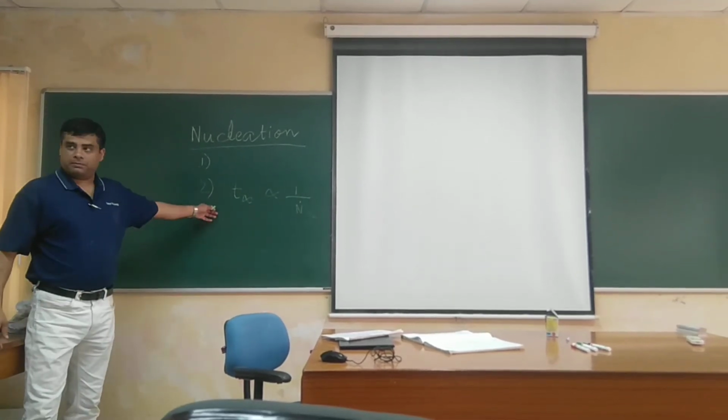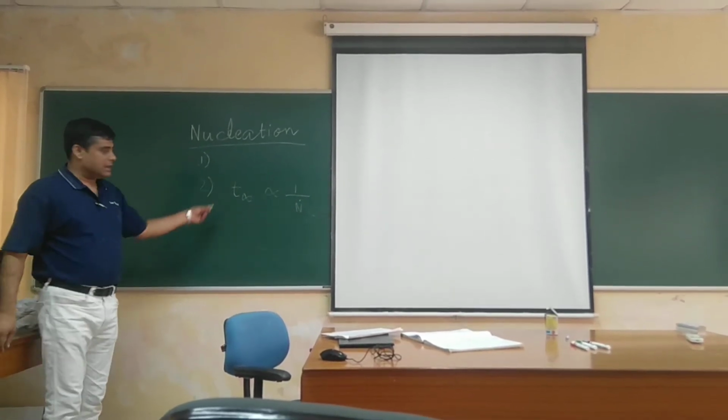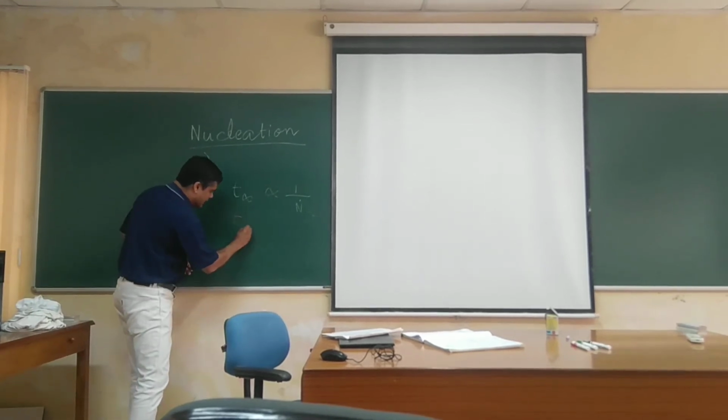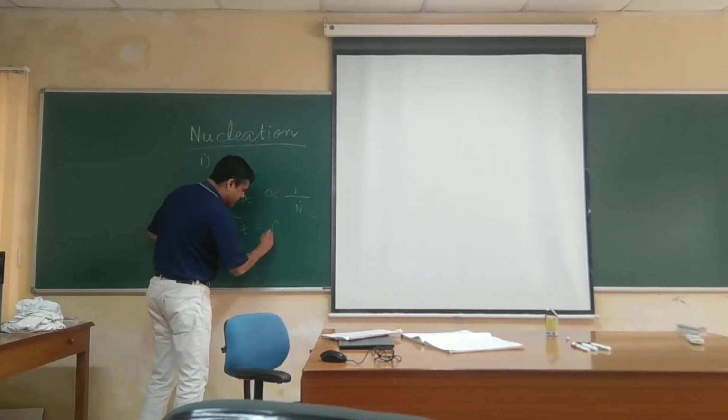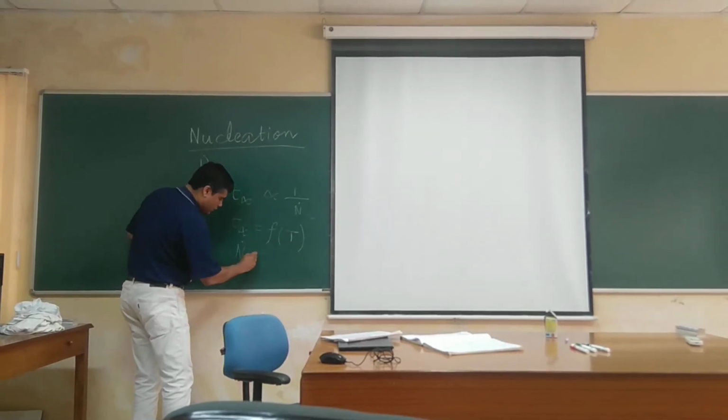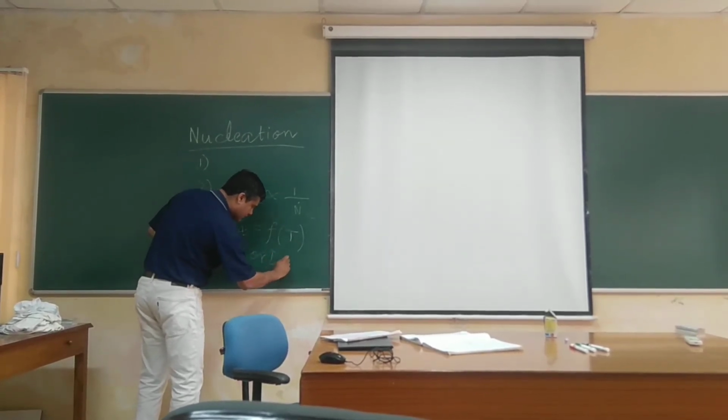Then you measure T alpha as a function of temperature, and you will get n dot or I as a function of temperature.